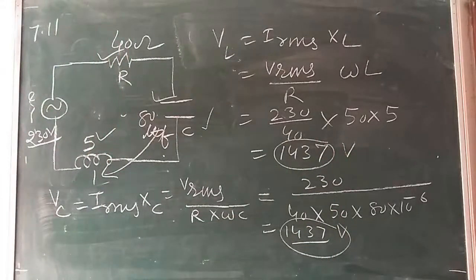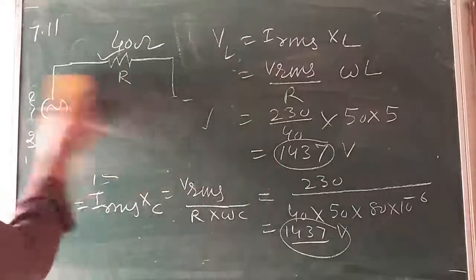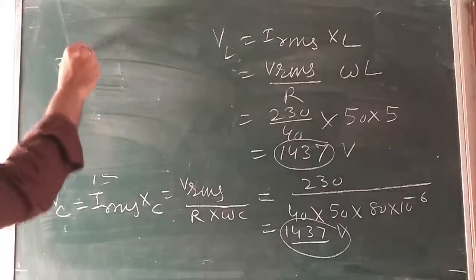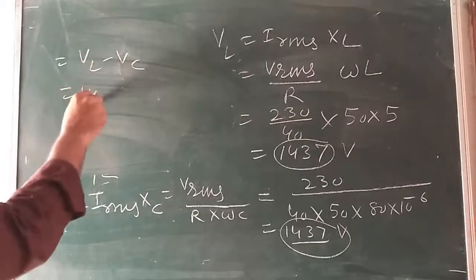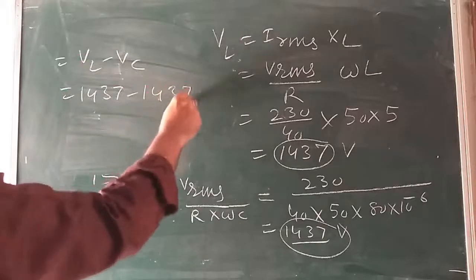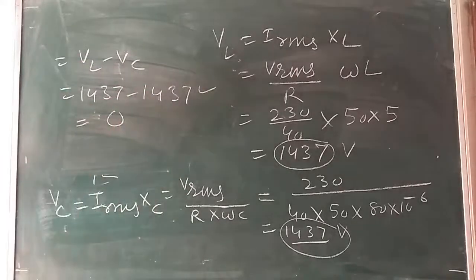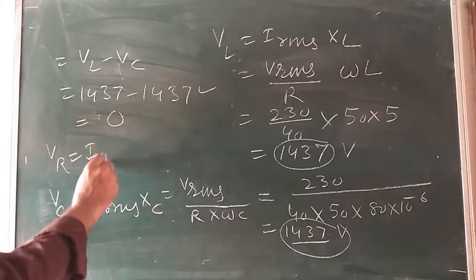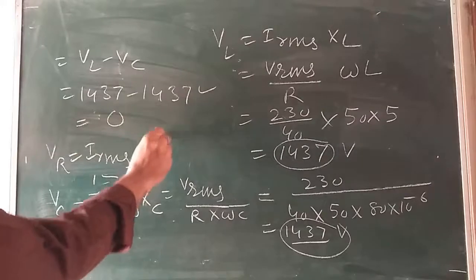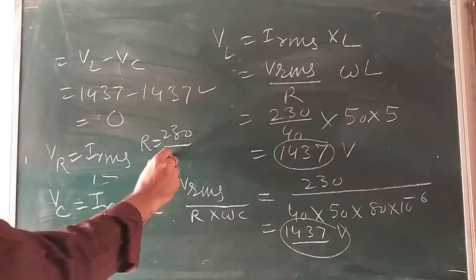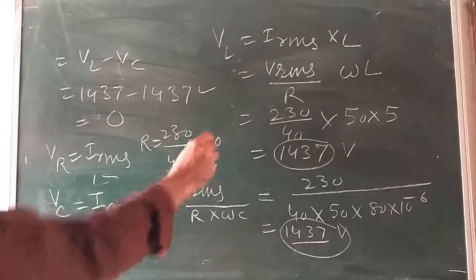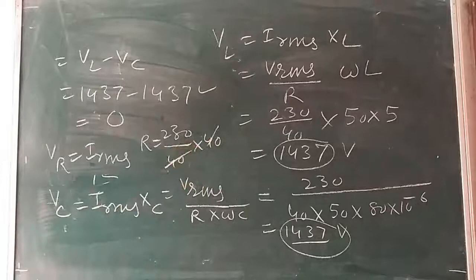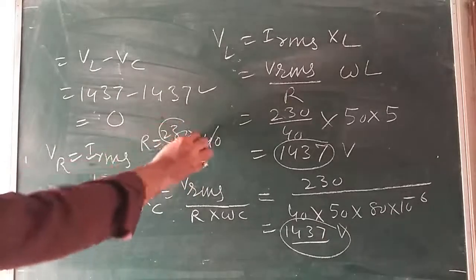Write down, potential drop across the LC combination would be VL minus VC, that is 1437 minus 1437. It is 0. So potential drop across R, that is V of R is equal to I of RMS into R. That is 230 divided by 40 into 40. Here I RMS equals V RMS upon R. This and this cancelled, so you are getting 230 only.